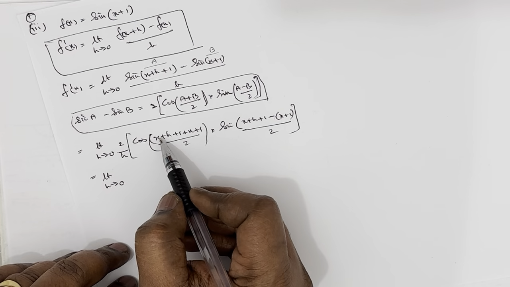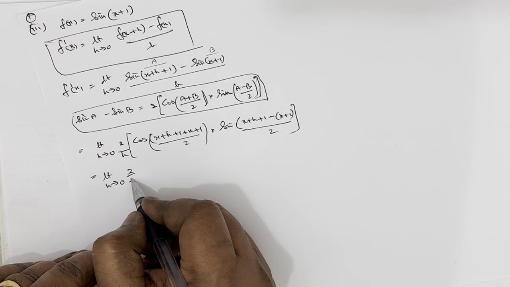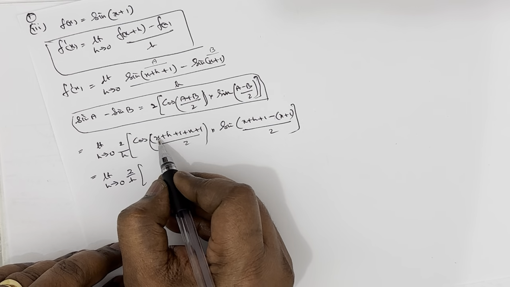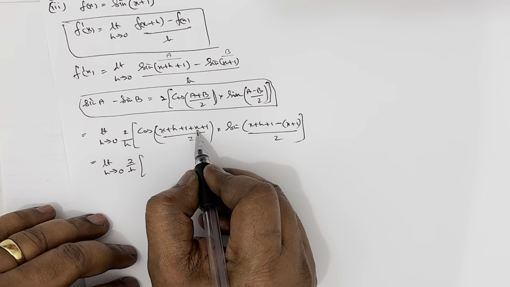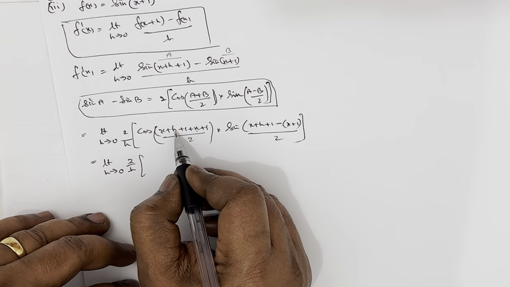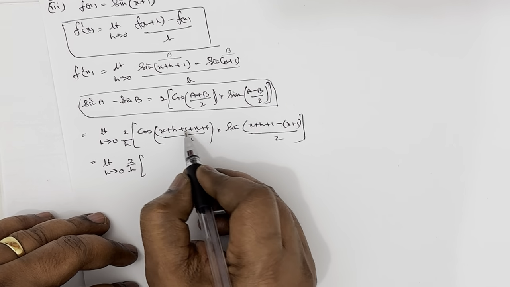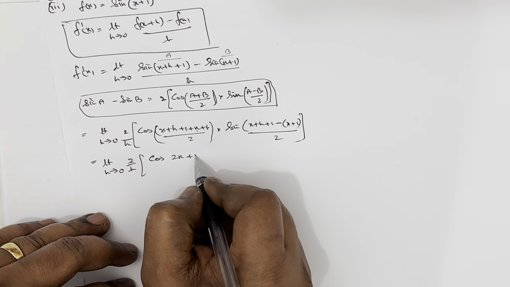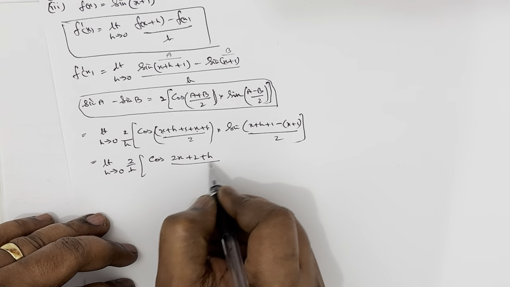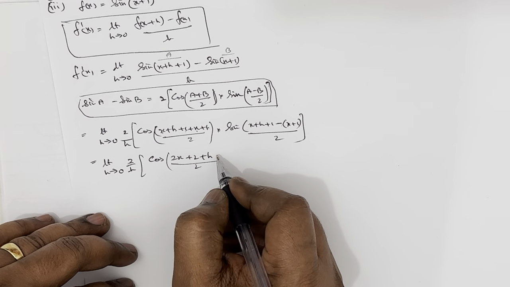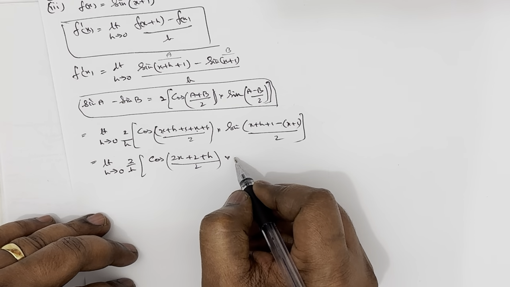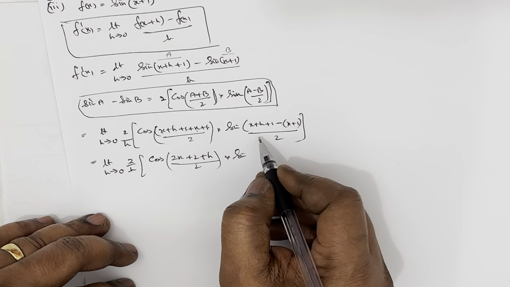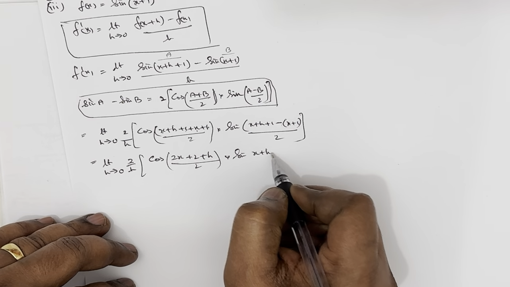Now you see, if you add, 2 upon h cos, you have x and x, so it becomes 2x, 1 and 1 becomes 2. So you have cos 2x plus 2 plus h upon 2, multiplied by sine x plus h plus 1.